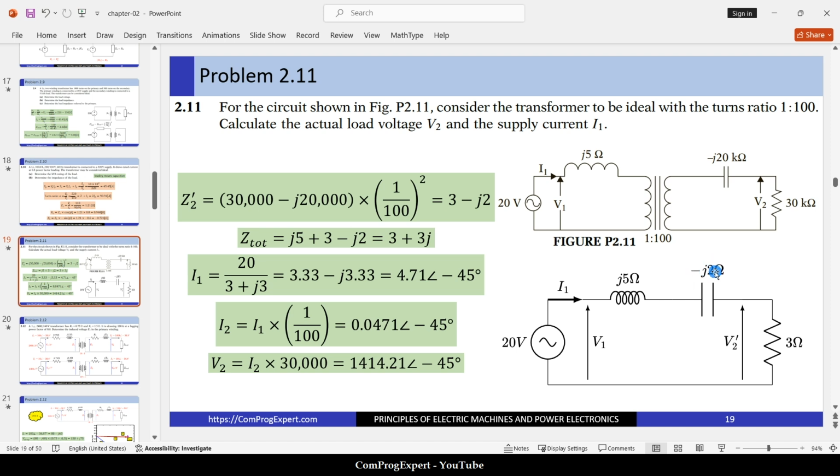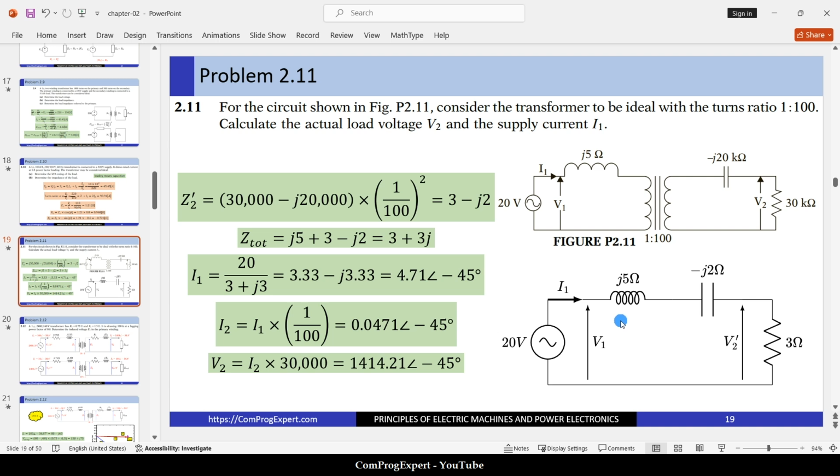Negative j2 ohm, and this is 3 ohm. So in this case, V2 becomes V2 prime. Yes, this is the value of the resistor voltage, the voltage of this resistor referred to the primary. When we do the calculations, again, we should transfer it to the secondary side.